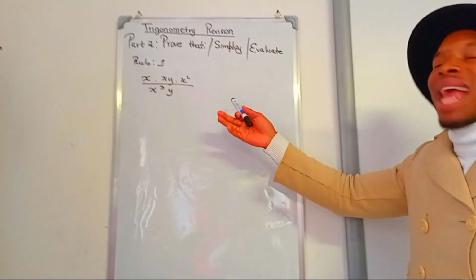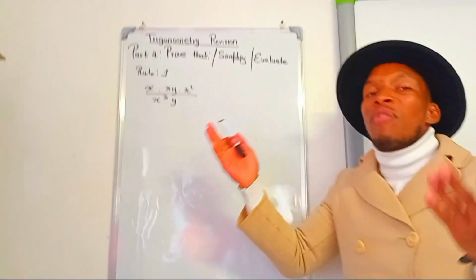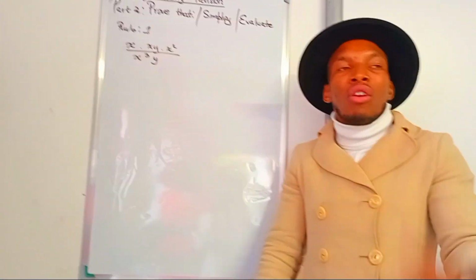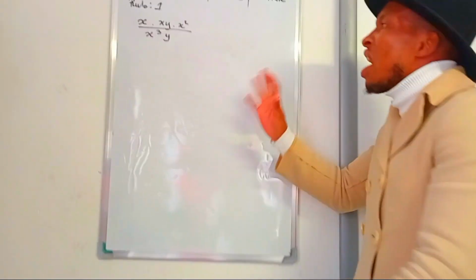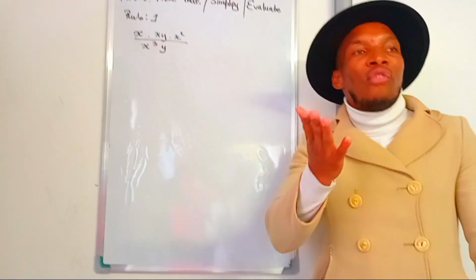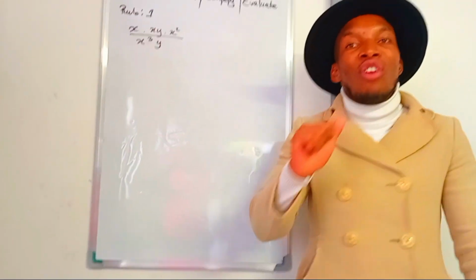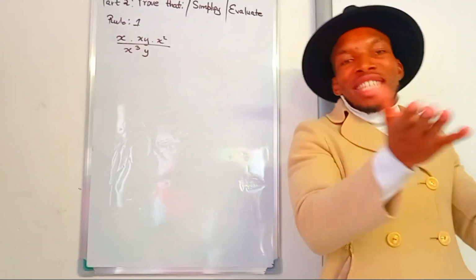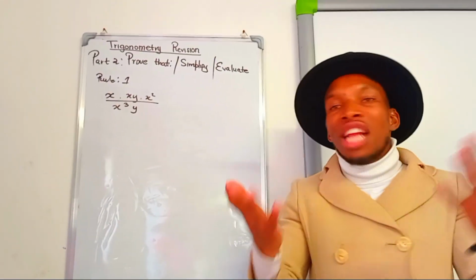Trigonometry is about algebra. If you don't know how to simplify the algebra, you cannot simplify trigonometry, okay? Therefore, it's very, very important to go and look at the simplification from grade 7, grade 9 and grade 10, how you simplify the algebra there.